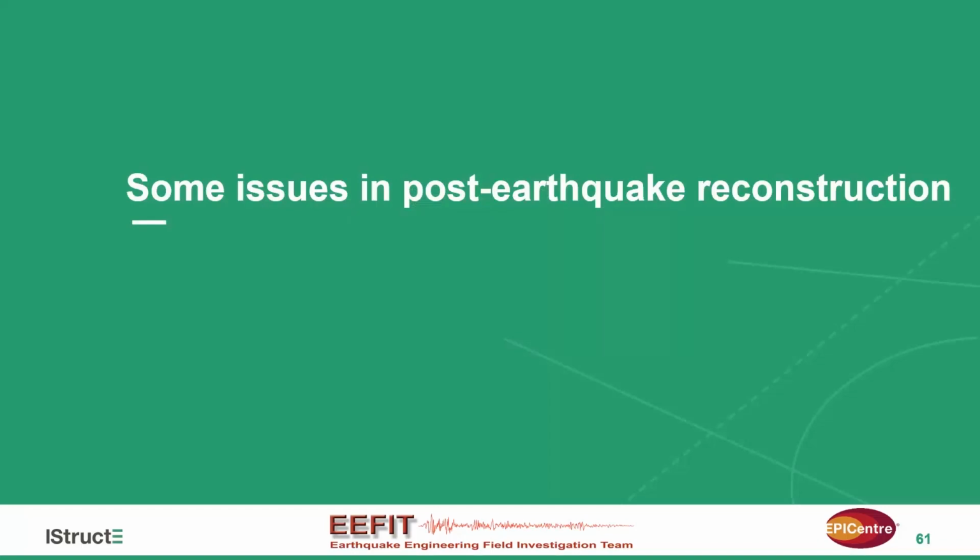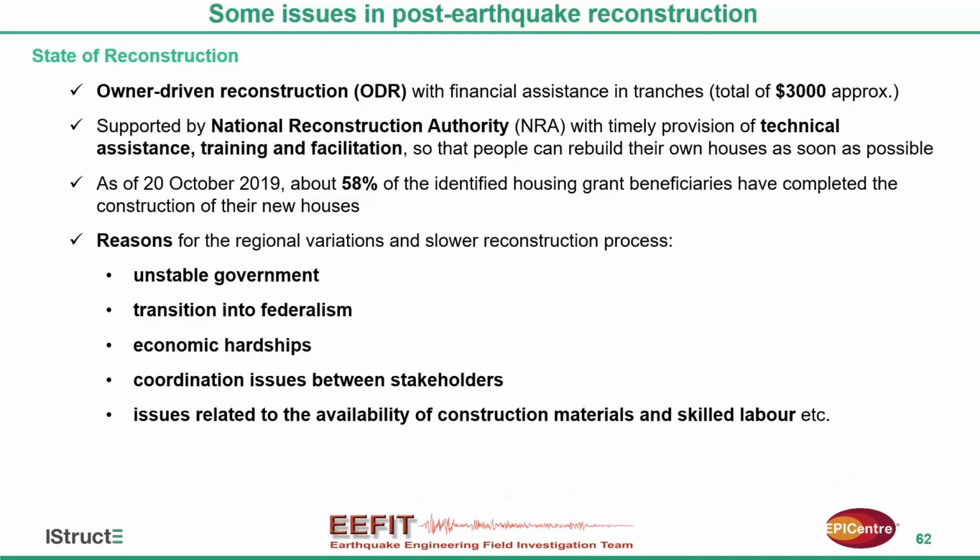Before presenting the numerical analysis on these typologies, I want to raise some pressing issues in the ongoing post-earthquake reconstruction. The reconstruction approach followed in Nepal now is owner-driven, with partial financial assistance of about $3,000 US from the government.